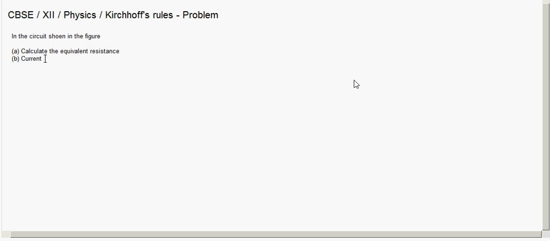Current in each resistor using Kirchhoff rules. First take down the network.